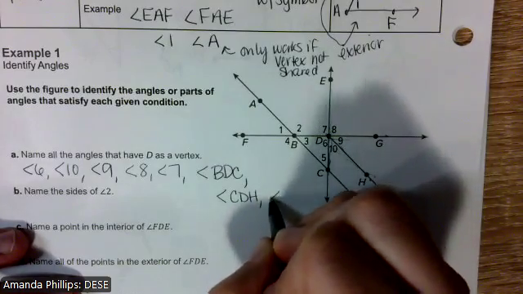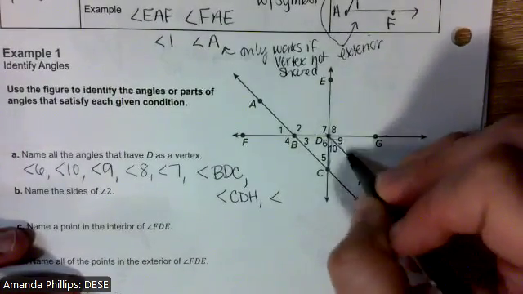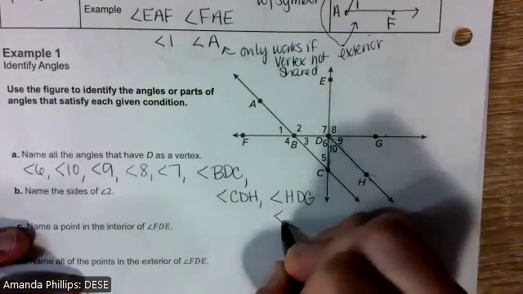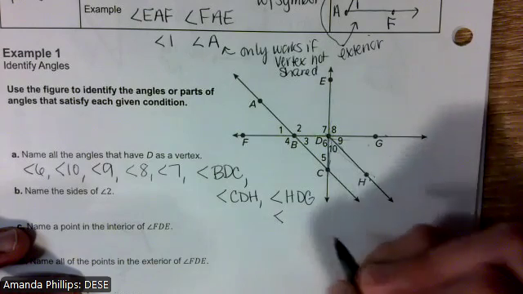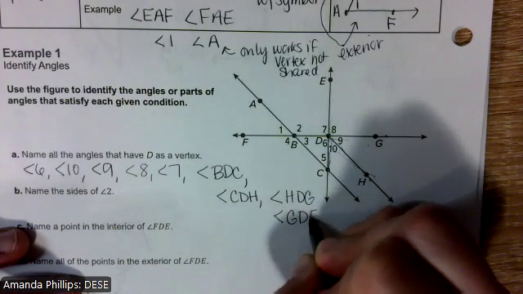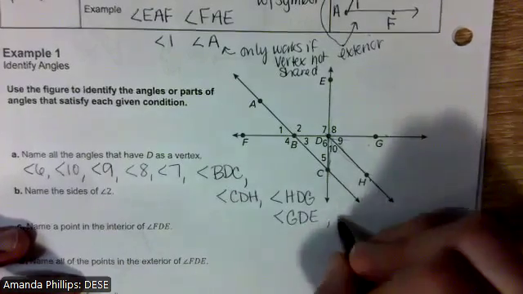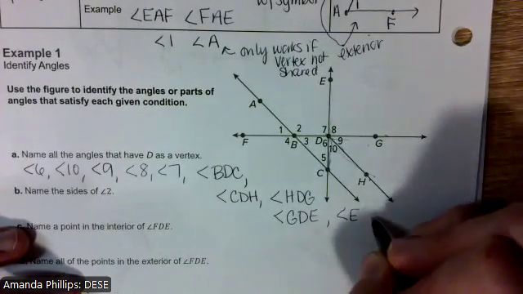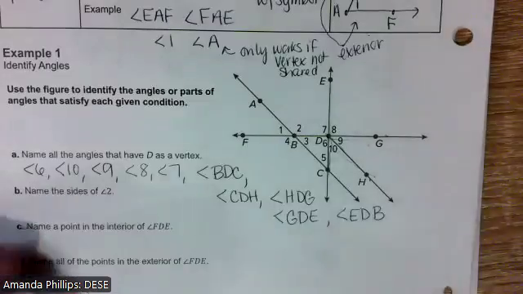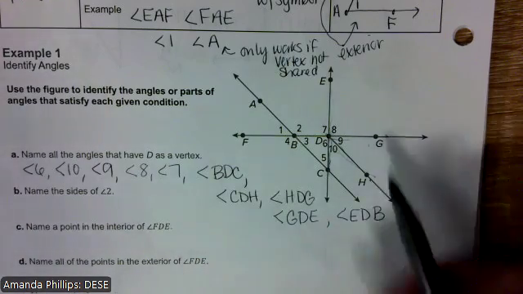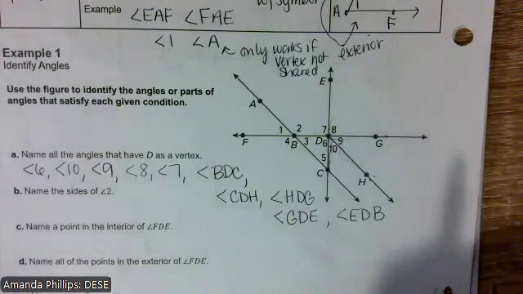I could also say angle HDG. I could also say angle GDE. I could also say angle EDB. Lots of names for that one angle. So there are lots of ways that we could address that angle, but they're all talking about angles that have D as the vertex.